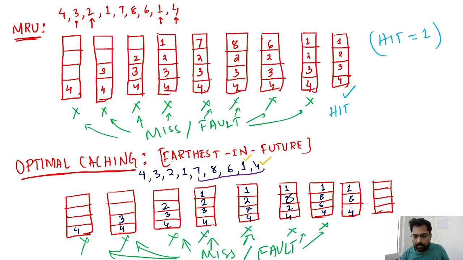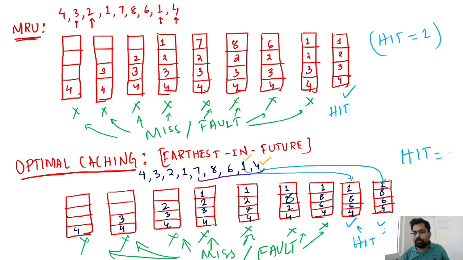Here previously the data was 6, so no need to change that. 6, 8, 1, 4. When 1 came, it is a hit. When 4 came, it is also a hit. We are trying to grow the hit conditions, the hit ratio you can say.